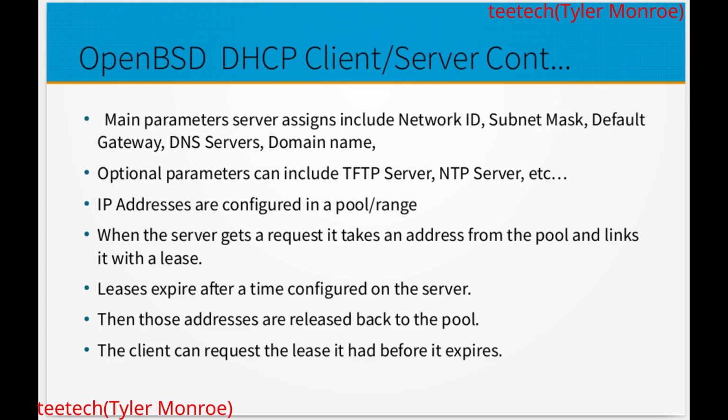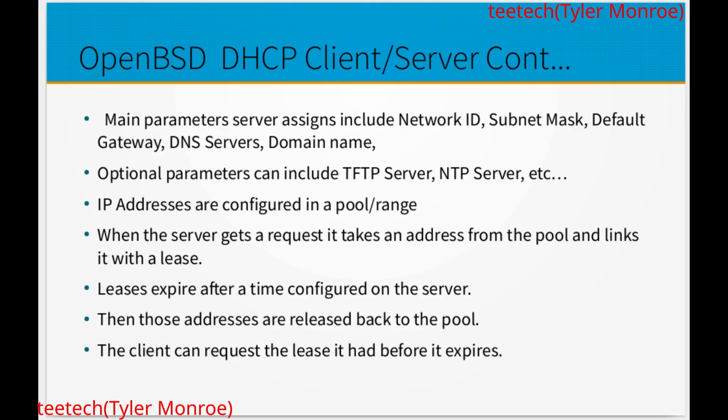So we configure IP addresses in a pool or a range of IP addresses. And then when the server gets a request, it takes an address from that pool and links it with a lease. So that's the lease we talked about for the client.